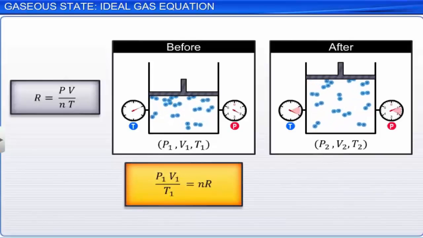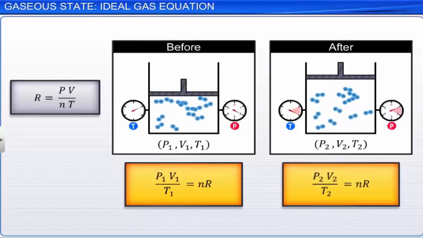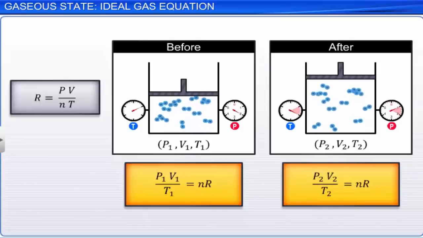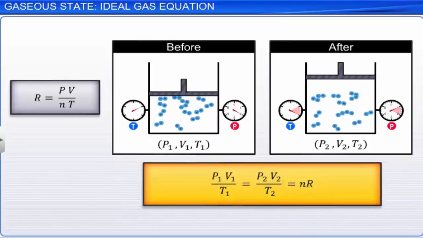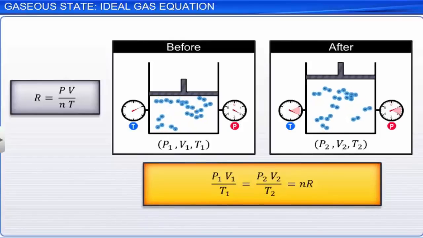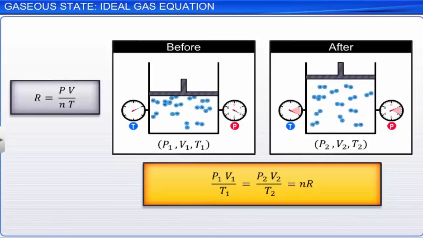Combining the two equations, we get P1 V1 by T1 is equal to P2 V2 by T2. This equation is known as the combined gas law and is useful in calculating any of the variables if the other 5 variables are known.